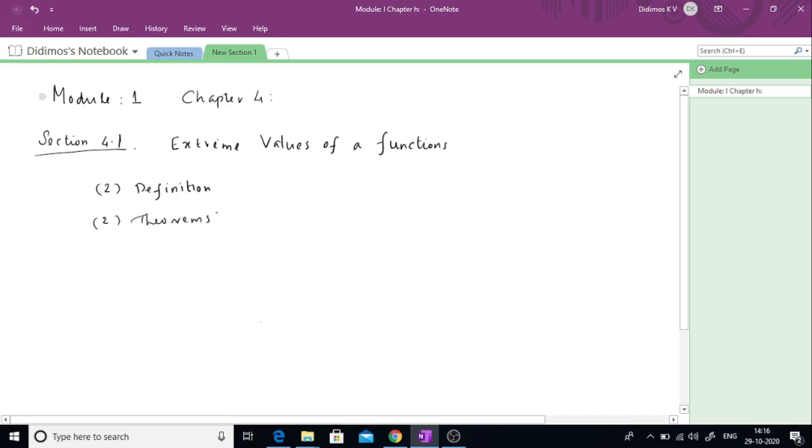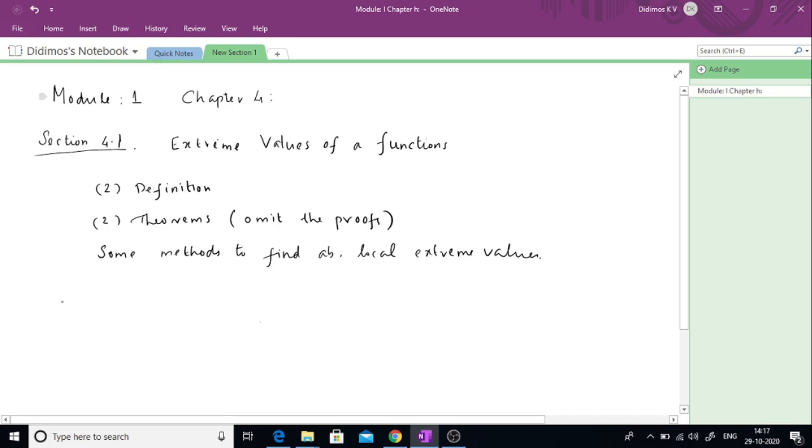We omit the proofs of the theorems, and some methods to find absolute and local extreme values of a function. These are the content of this section.